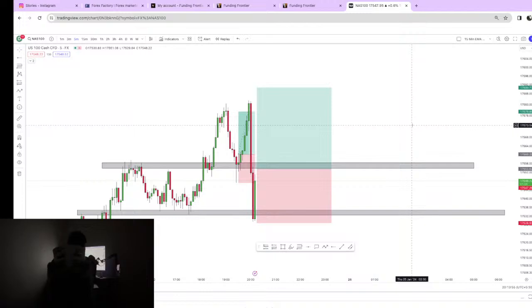If it closes above the previous red candle, we'll open a buy position. Otherwise, we will not do anything.